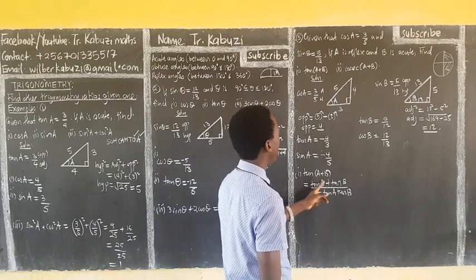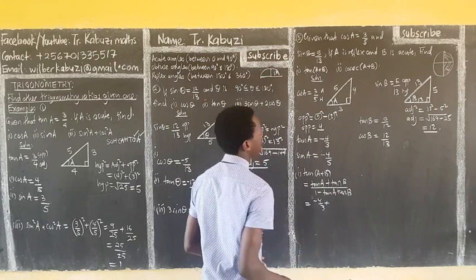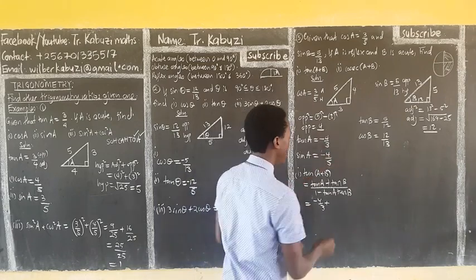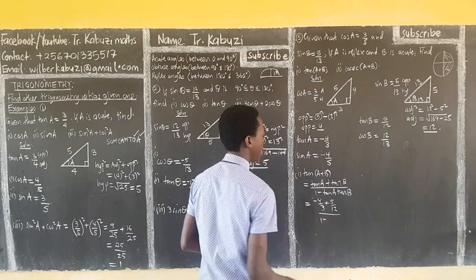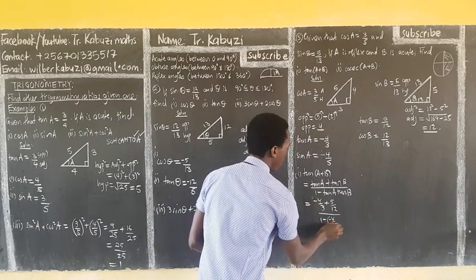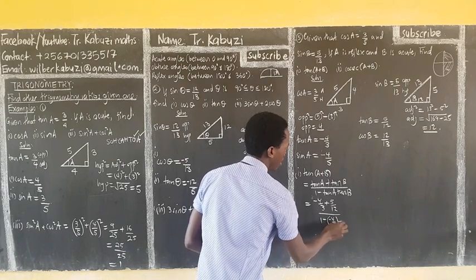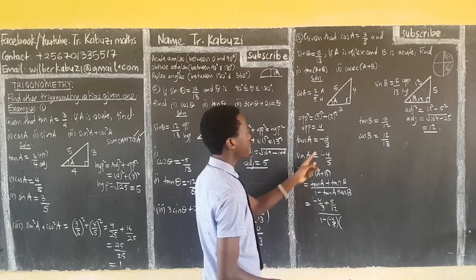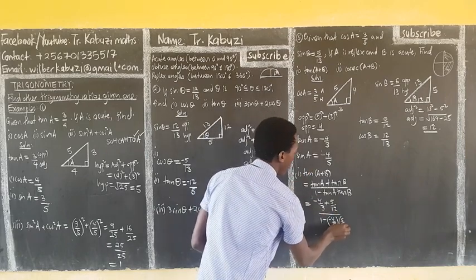Okay, now tan A is there, negative 4 over 3, plus tan B. Our tan B is 5 over 12. The whole over 1 minus now tan A, which is negative 4 over 3, times tan B. My tan B is 5 over 12.